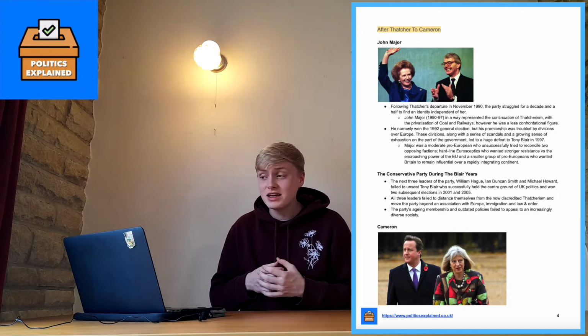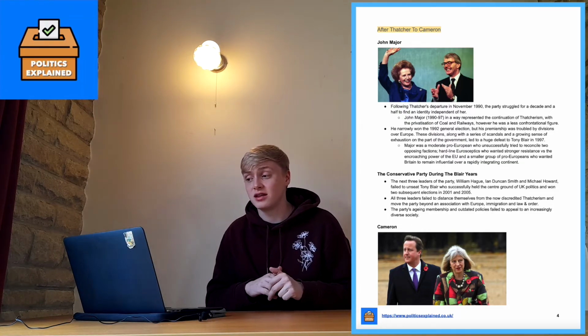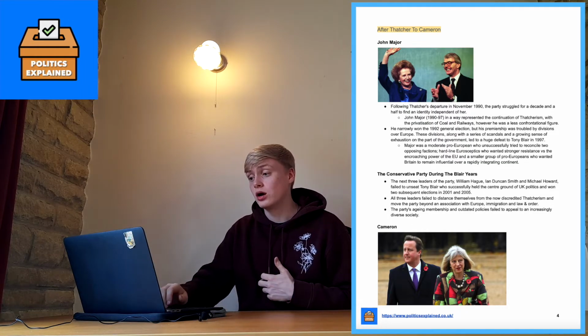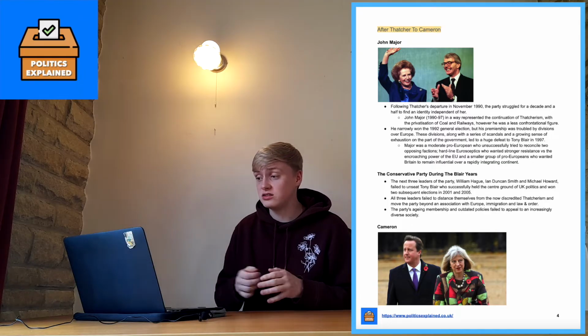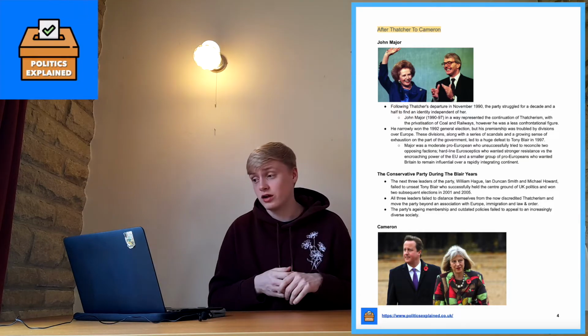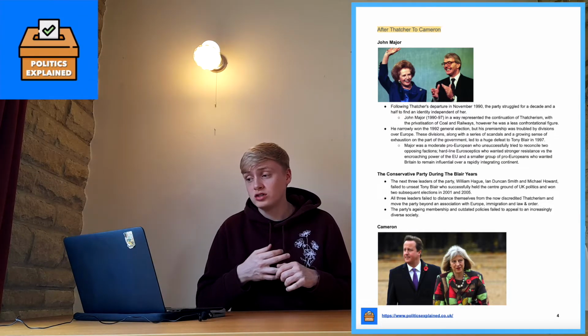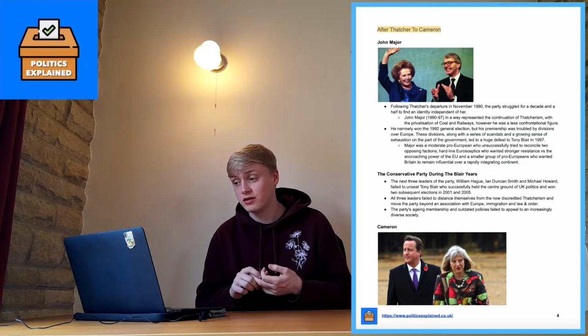Then during the Blair years, you had a number of leaders who were unsuccessful in beating the New Labour Party. William Hague, Iain Duncan Smith, and Michael Howard all failed to unseat Tony Blair, who successfully held the middle ground and continued to win a lot of middle-class voters, and won two subsequent elections after 1997, in 2001 and 2005.